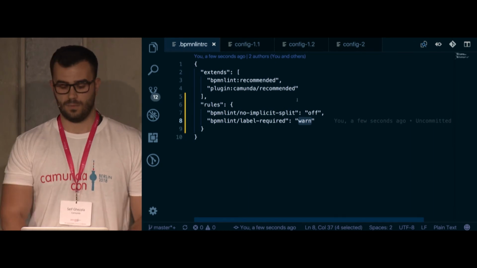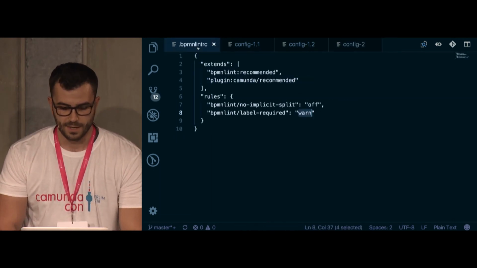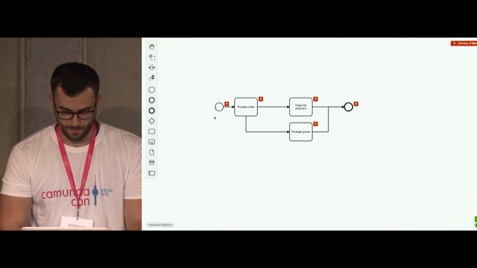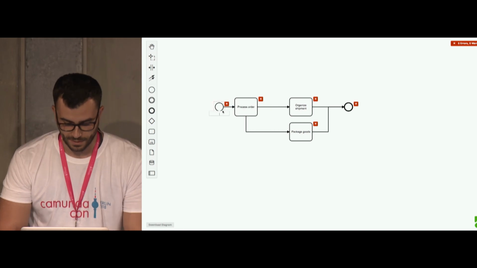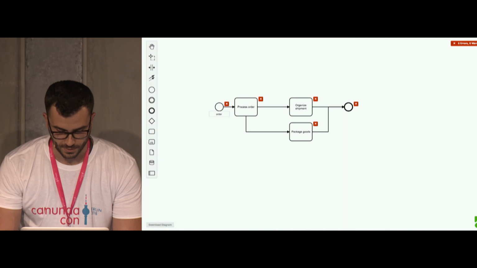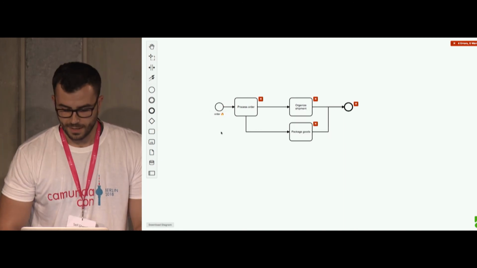I did something really quick. I created something that reports to me whenever I don't have an emoji in my labels. So I come here, it's telling me it needs to have an emoji. If I just put a normal label, it doesn't fix it. So what I can do is put some random emoji like fire, and then it fixes it.